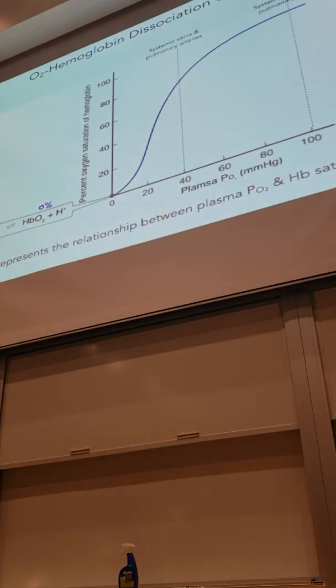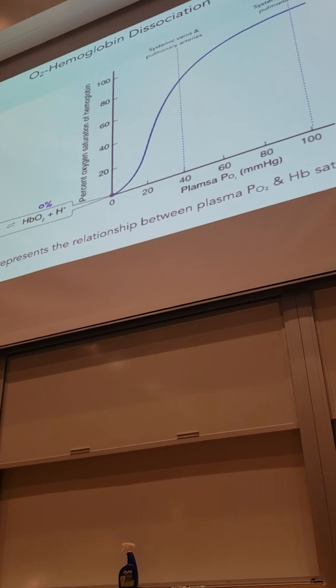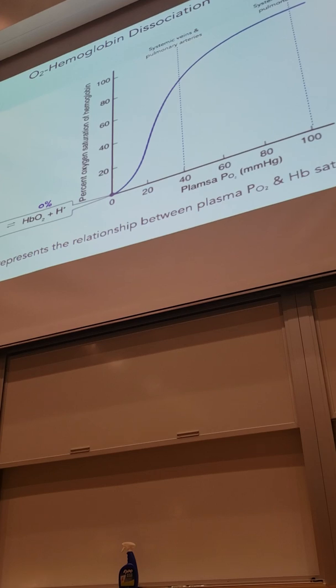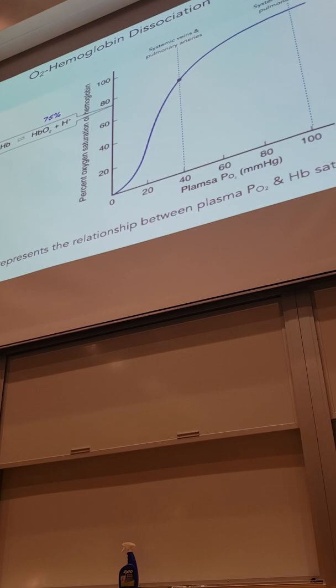So it's not exactly linear, but let's follow this through just to make sure we're all on the same page. If we have 0 PO2 in the plasma, we have all deoxyhemoglobin and 0% saturation. And if we go up to a PO2 of 40, like we find entering our pulmonary capillaries, we've got 75% saturation.